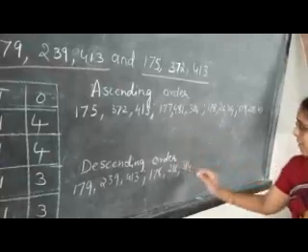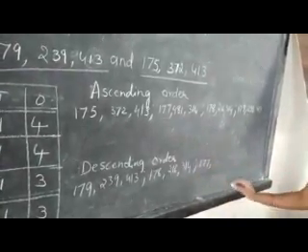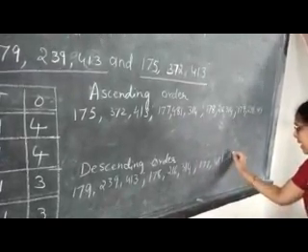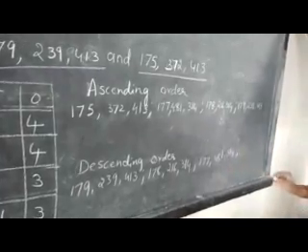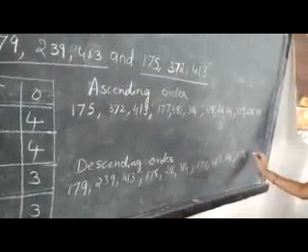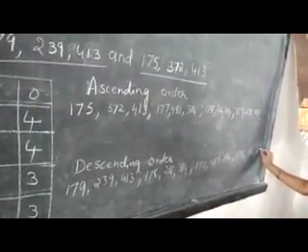You just go back from right to left. Next, 177 millions 481,340. Next, 175 millions 372,430.